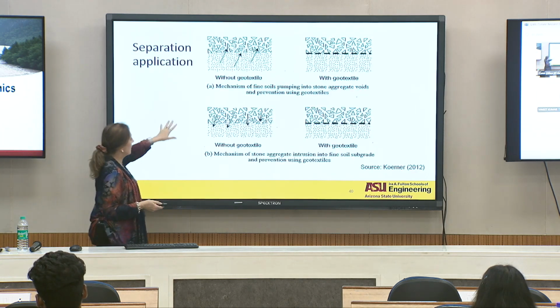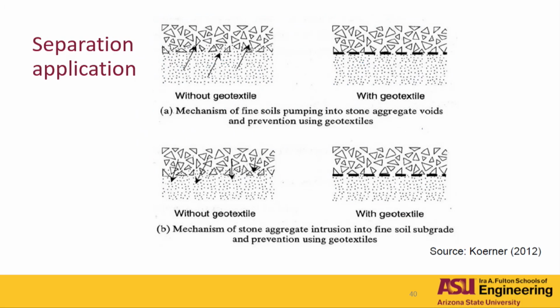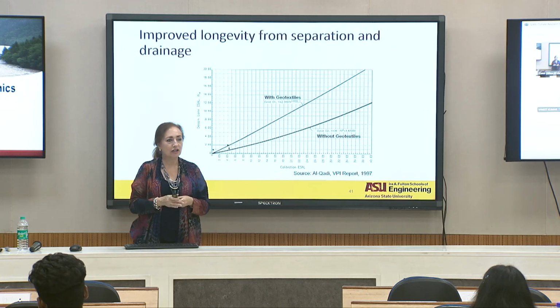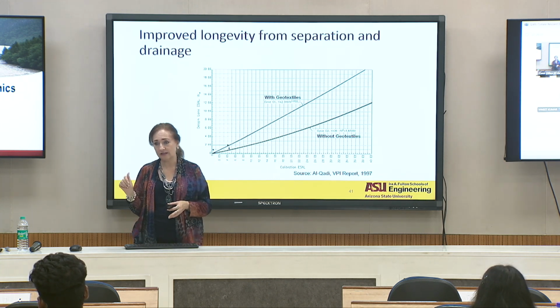Separation, we already went through that. With and without geotextile, the aggregate intrusion and the soil pumping will be eliminated, along with the longevity improvement. There are no design guides that include the benefit of the geosynthetic per se, at least not officially in the United States.